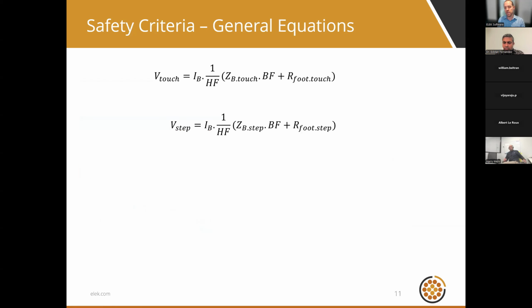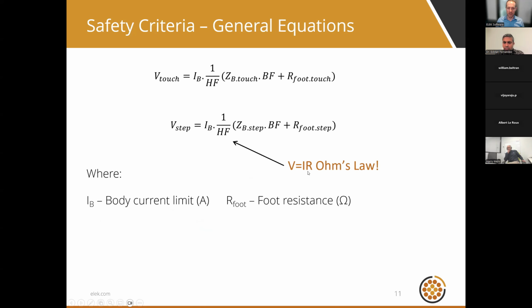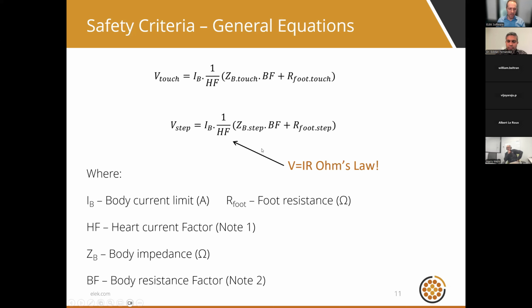There are safe touch and step voltage limits. We refer to these as safety criteria. There are more or less simple equations for calculating V-touch, which is the safe touch voltage limit, and V-step, which is the safe step voltage limit. Now, these fundamental equations come from IEEE standard 80.